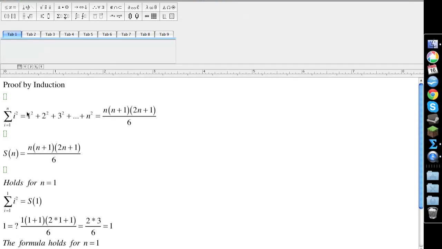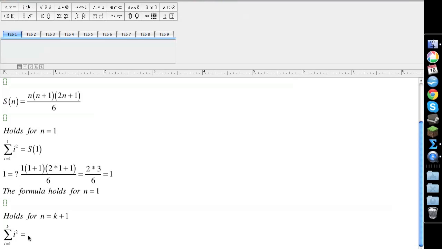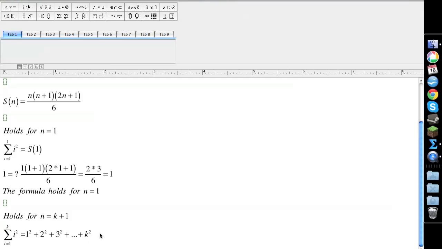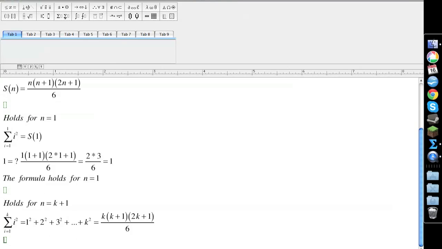Which should be the same as this, except the k instead of the n. Which is supposed to be the same as this. I just substitute the n with k. And then I can find the formula for n equals k plus 1.